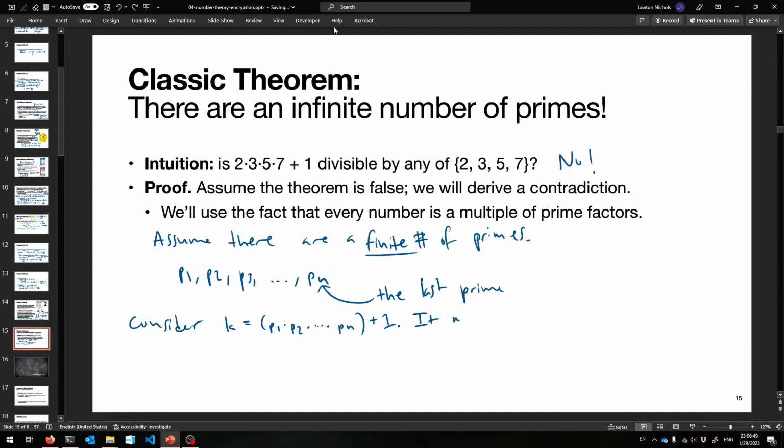It must have prime factors, because it's not a prime number, that's for sure, because it's bigger than the last prime. A bunch of primes from the list multiplied together. That's what it means to be a multiple of prime factors.